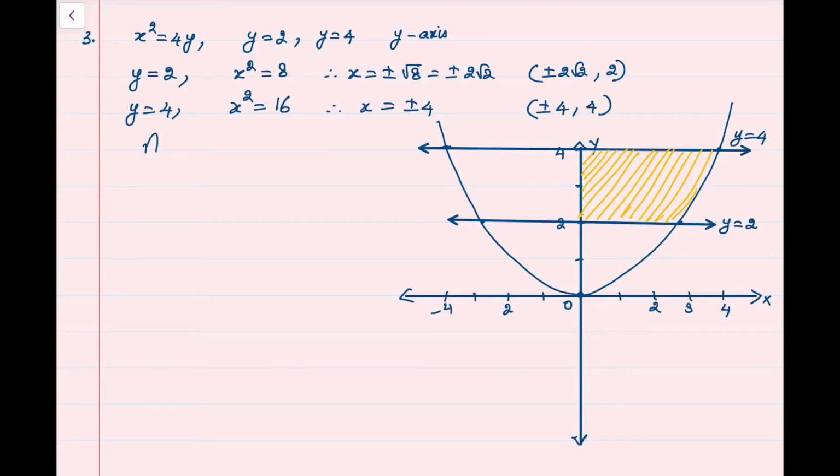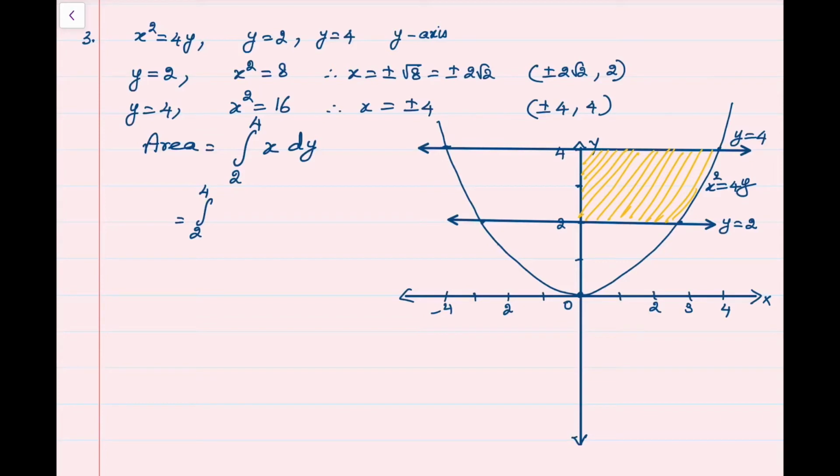Therefore, area will be integral x dy, and the limits for the y variable are 2 to 4. We will substitute for x from the parabola equation. Parabola equation is x square is equal to 4y. Write the parabola equation in the figure.